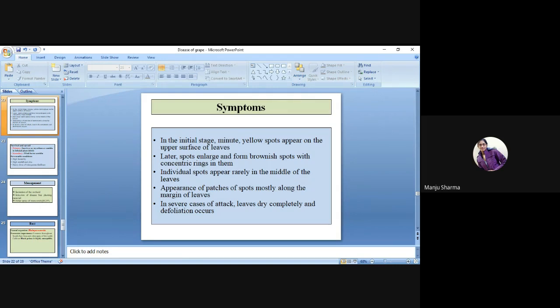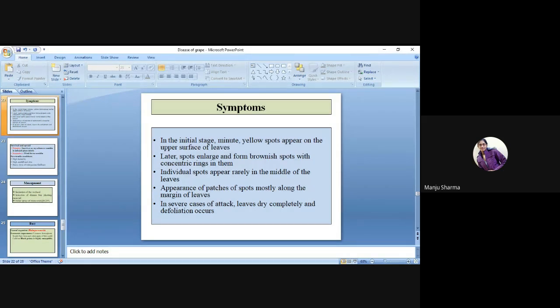Like in all the diseases, basically the main symptoms are the spots. Only the color of the spots is changed. Like in powdery mildew, white color spots are there.